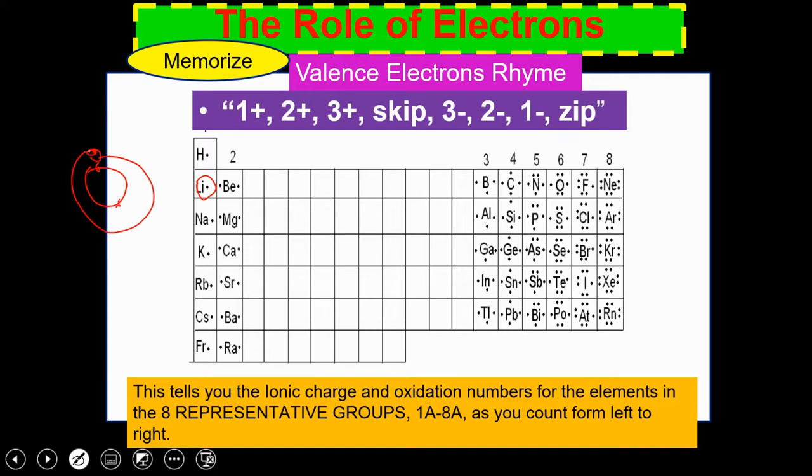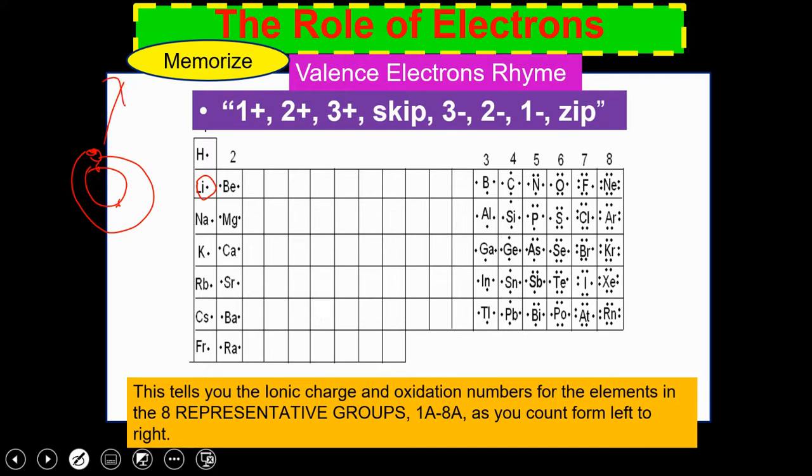It has 1 valence electron. Well, I know it's in group 1, so it's going to have 1 valence electron. And so the kind of ion lithium is going to form, remember my rule of 8, is it going to be easier for lithium to gain 7 or to lose this one lonely electron right here? Well, it's going to want to lose that one lonely electron.